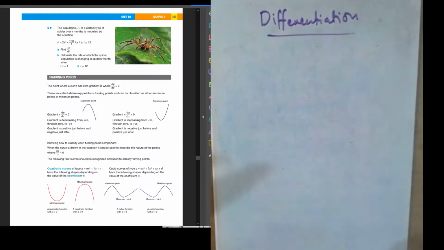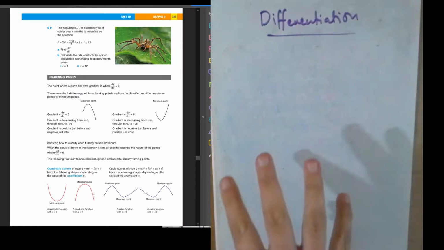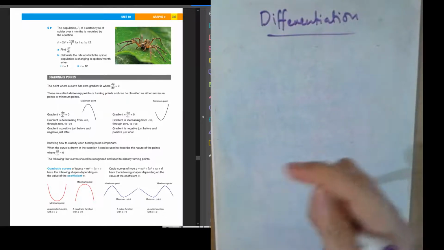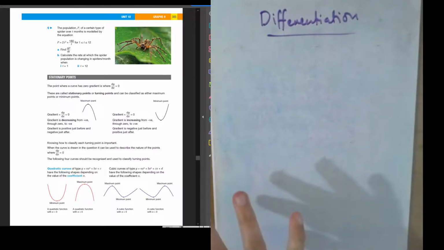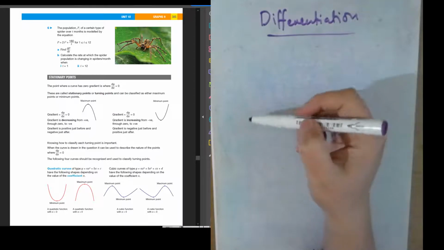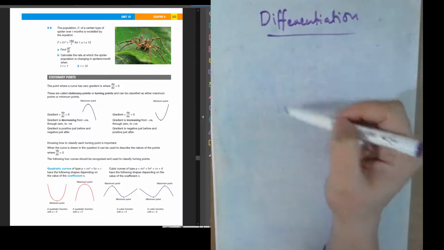You don't have to know how to sketch them or what the actual points of intersection are or anything else that is more A-level or further maths work. All they're asking you to do right now is just to be able to recognize the actual shape of the curve. That way, if they ask for a maximum, you know which one is the maximum and which one is the minimum, okay? So maximum obviously would just be that way, minimum would just be this way.